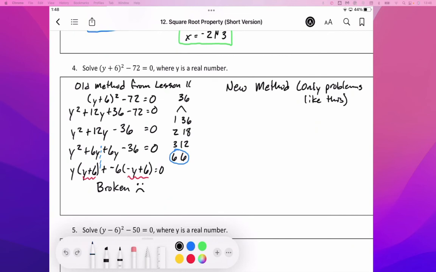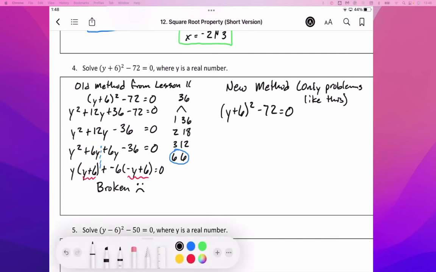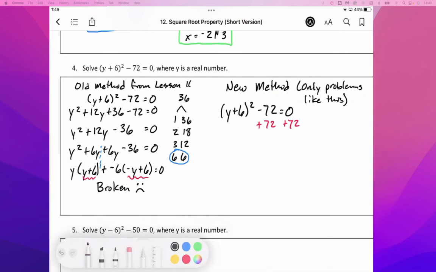So that being said, there is a method or a little bit of a magic trick for problems that look exactly like this. And that is to say that, oh, we have this. And so what I'm going to do now is notice that I could have a perfect square on the left if I wanted to by doing this. This goes against what we learned in the last lesson, which is another reason why I don't like this.